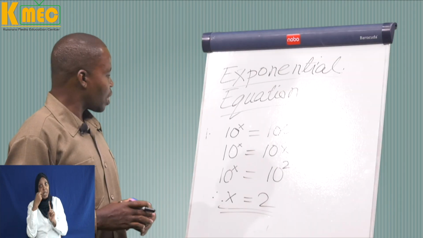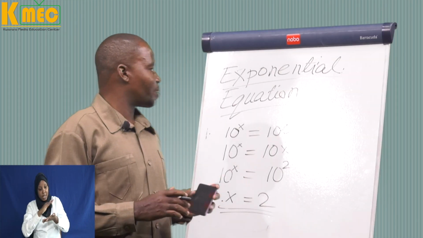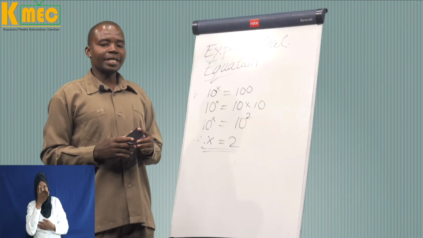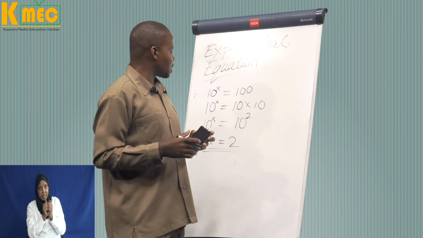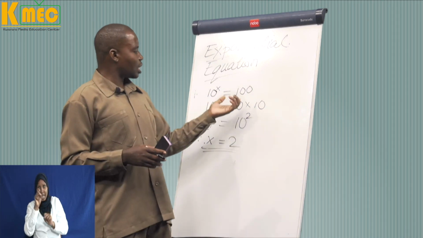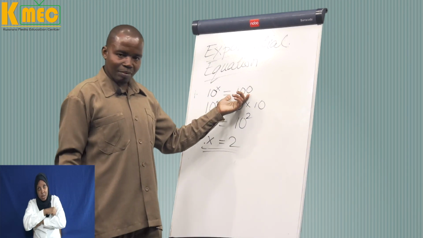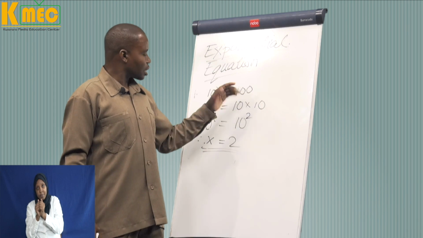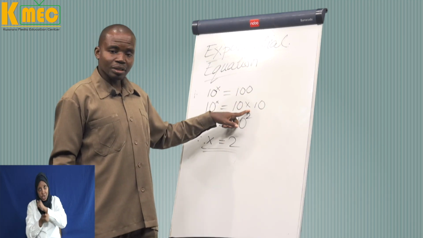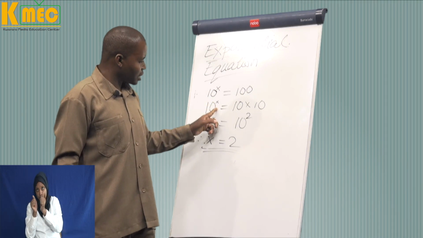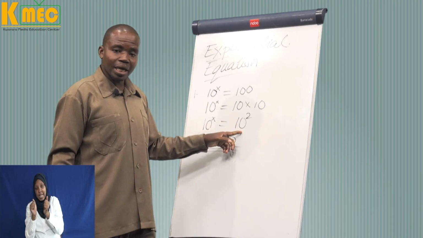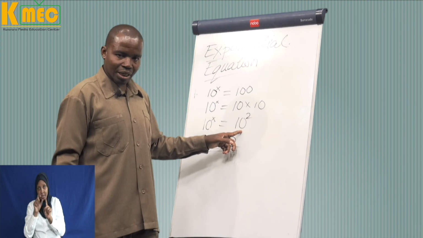Very good. Okay, so to solve this problem, 10 exponent x is equal to 100. First, we have to change number 100 to the base of 10. Then we'll have 10 exponent x is equal to 10 squared on the other side.